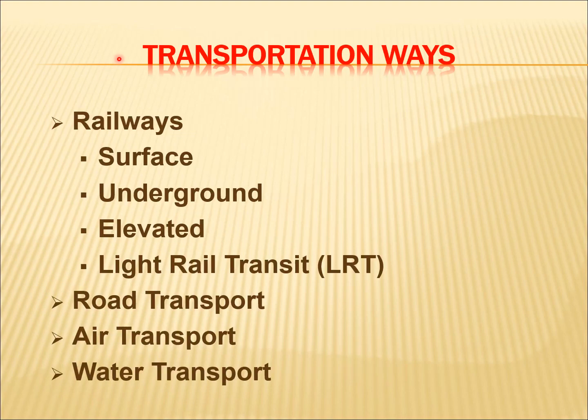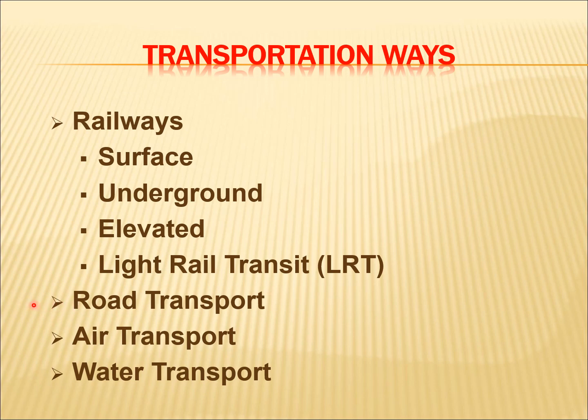Well, if we look at the transportation ways, we can consider four different transportation ways. First is the railways, and under that we can consider the surface railways, underground railways, elevated railways, and the light rail transit. The word transit basically is used for the conveyance of people.